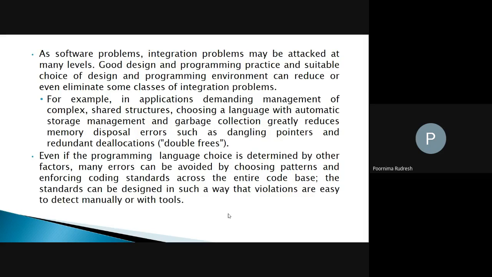Okay. Next, even if the programming language choice is determined by other factors, many errors can be avoided by choosing the patterns and enforcing coding standards.